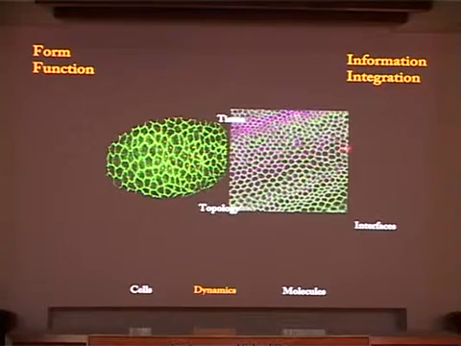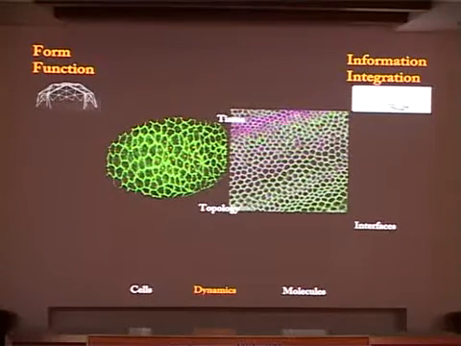Here you have a more ordered hexagonal array of cells, whereas here you have something that looks like a hexagonal array, but somehow it doesn't look quite as ordered. And we really want to understand how tissues can go about having these various forms.